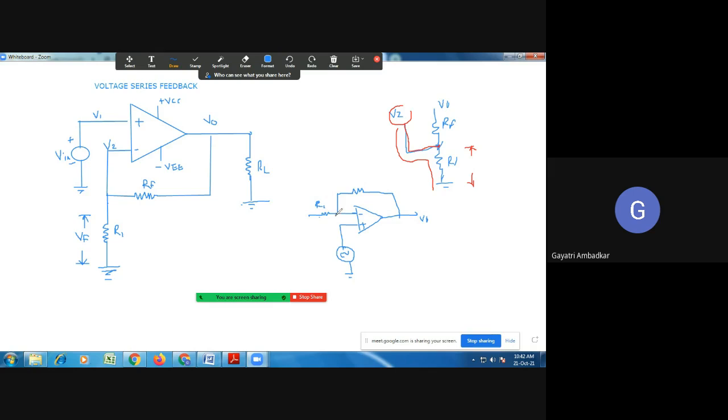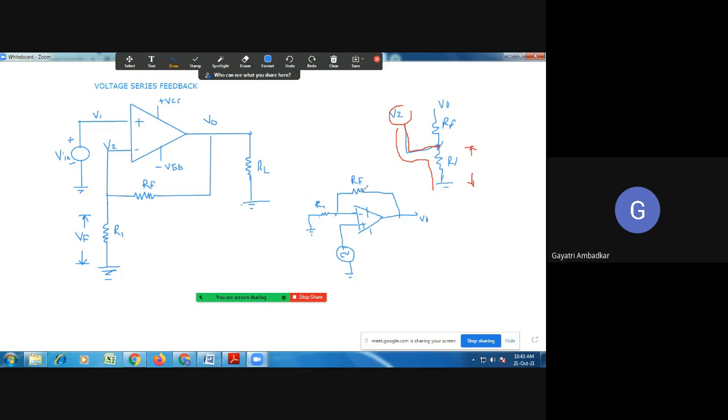Between the output and this inverting terminal, I am connecting a resistance called the feedback resistance RF. The other end of R1 is grounded. If you see this, both configurations are the same. Only here I have shown the positive terminal downward, and here I have reversed it.